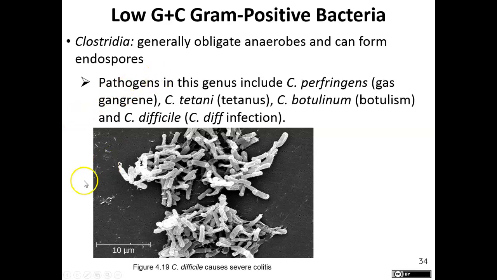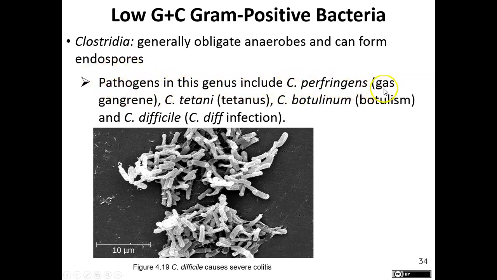And then we go to the low G+C gram-positive bacteria. The first group of our low G+C gram-positives are Clostridia. These are in general obligate anaerobes. They're found in soils, and they can form endospores. So there are pathogens in this genus.